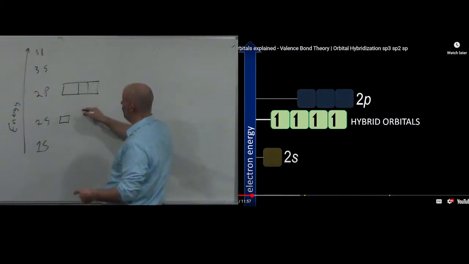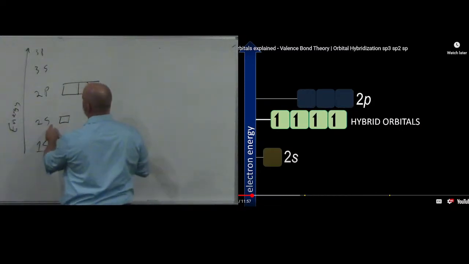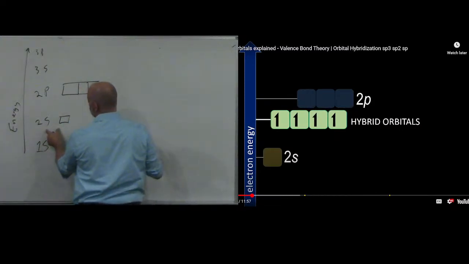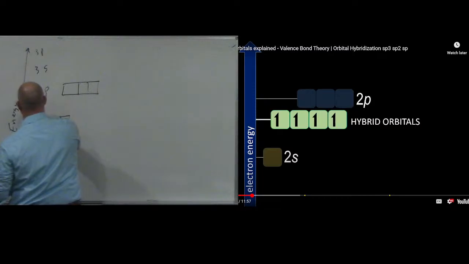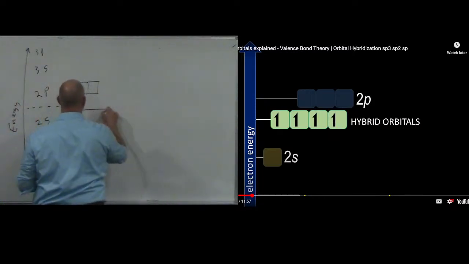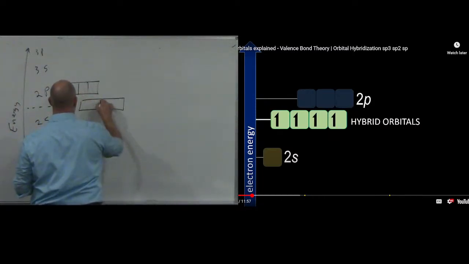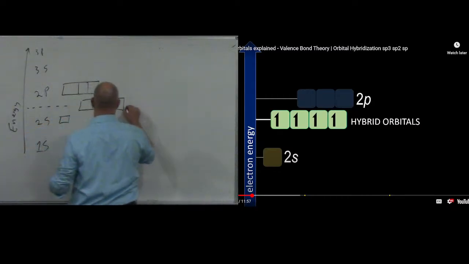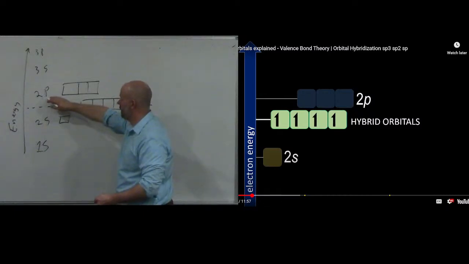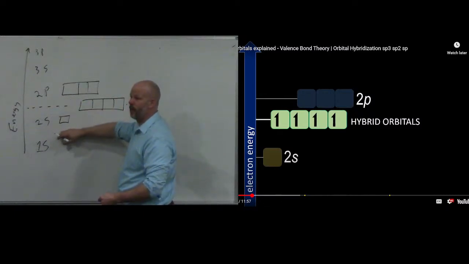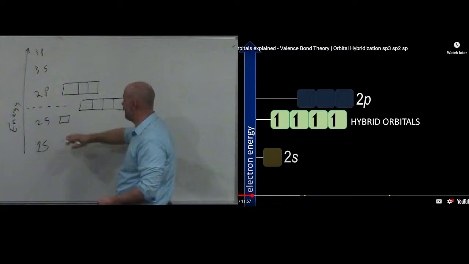Well, when they bond, we don't find that some electrons are at this energy level and the others are at this energy level. What we actually find is 4 equivalent ones, right? So this is a hybridized energy level. It falls somewhere in between the energy of the 2p and the energy of the 2s.